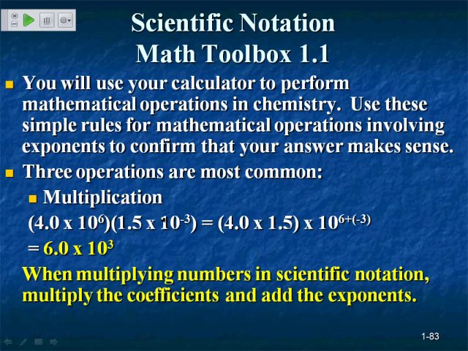But what happens to the exponents? Are we multiplying 6 and negative 3? No, we are not. We are adding the exponents. So this is the rule here: when multiplying numbers in scientific notation, multiply the coefficients and add the exponents. So you multiplied the numbers, you get 6, and the exponents are 6 and negative 3.